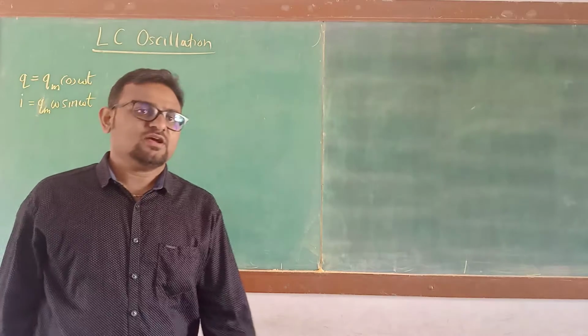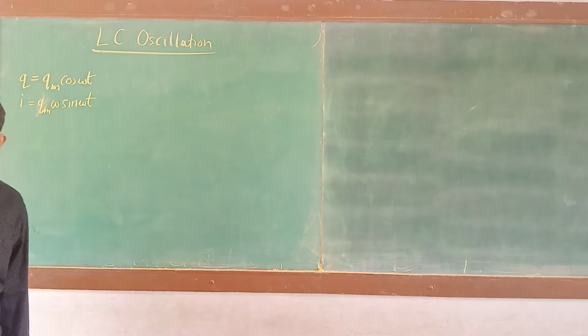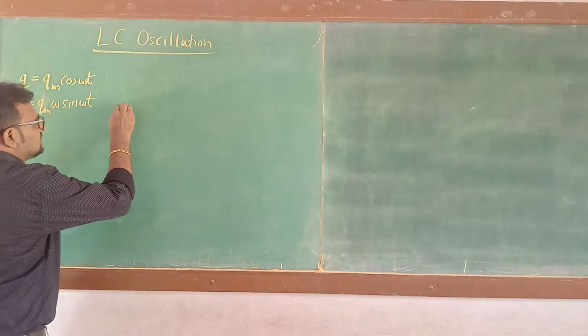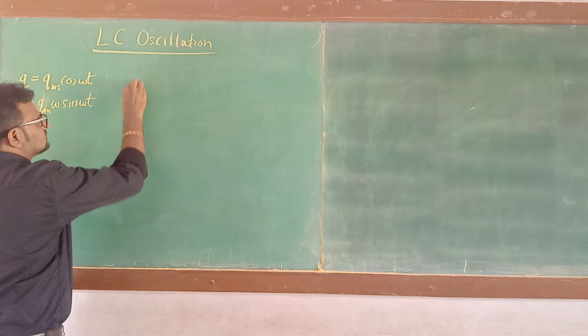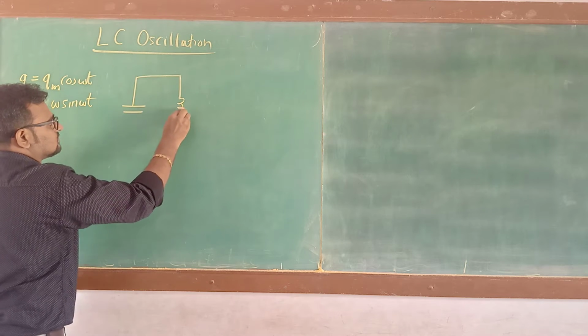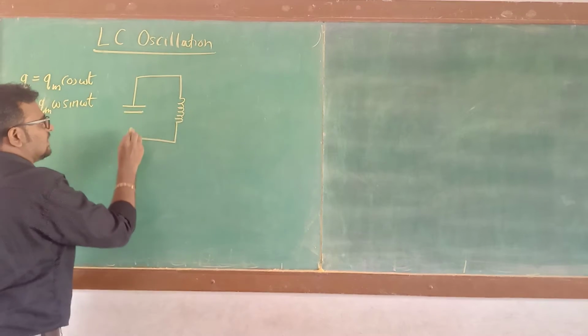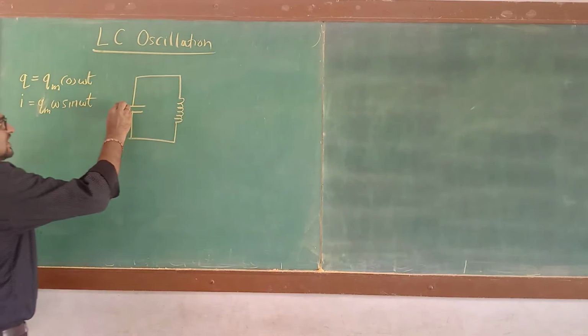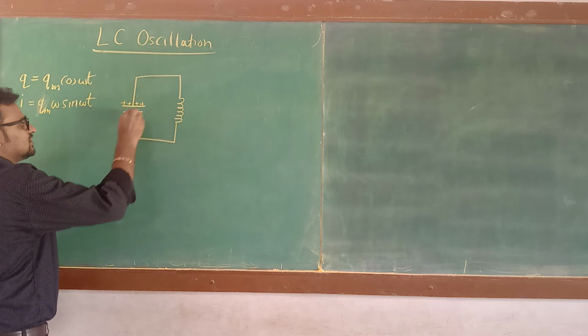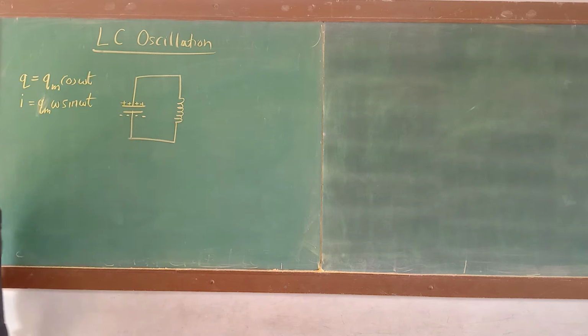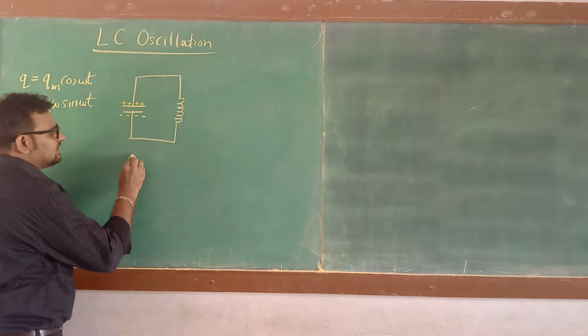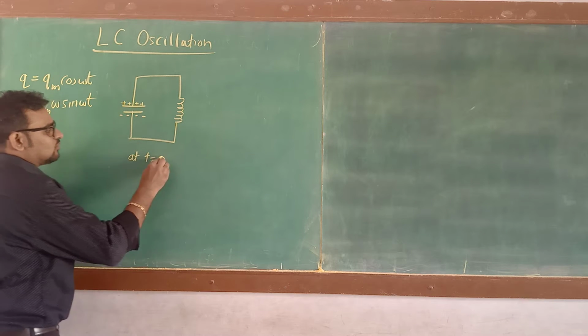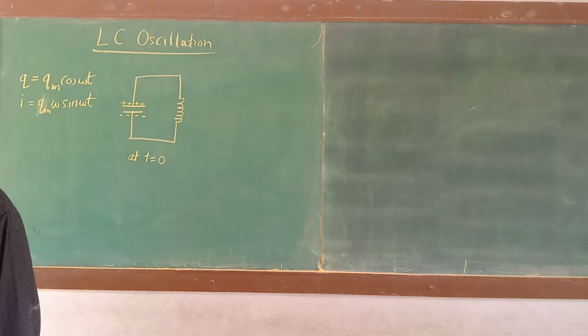First, let's start with the initial condition, that is, a capacitor connected with an inductor. Let's say this plate is positively charged and this plate is negatively charged. This is the condition at t equal to 0.